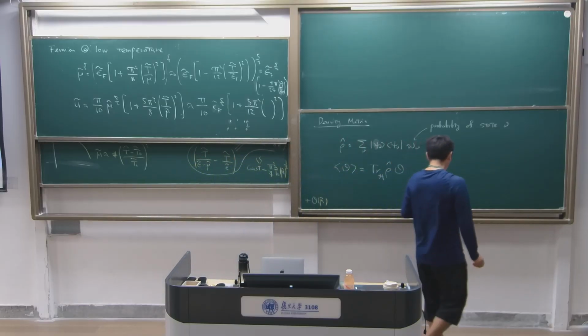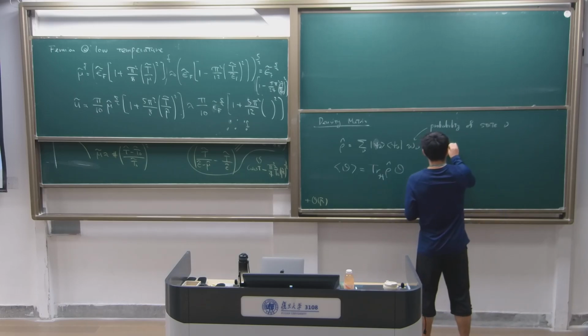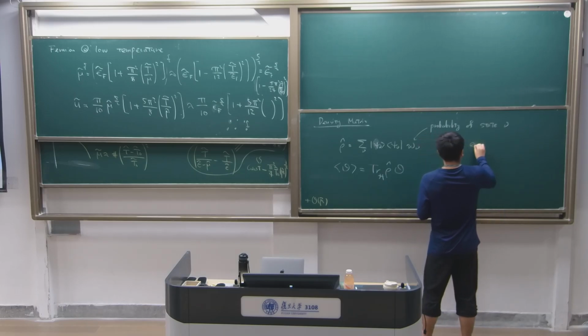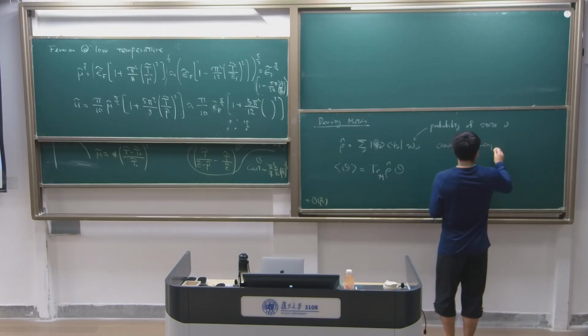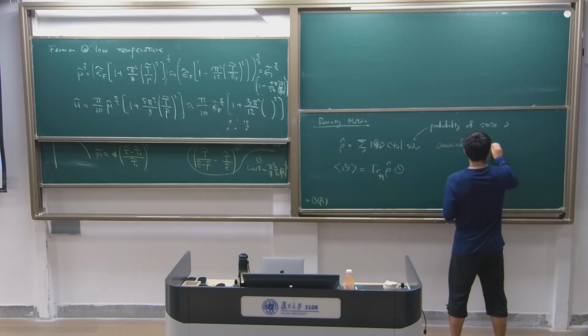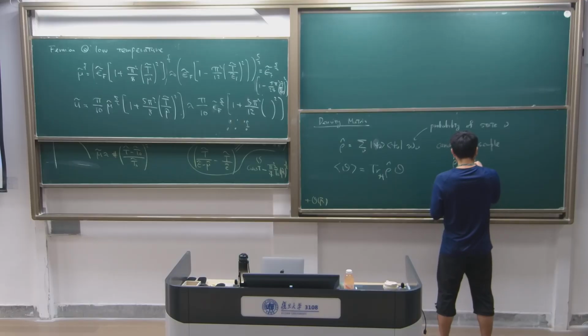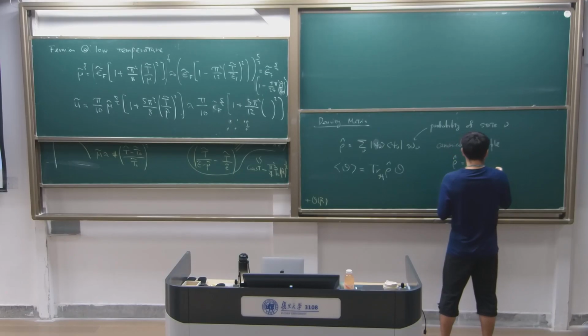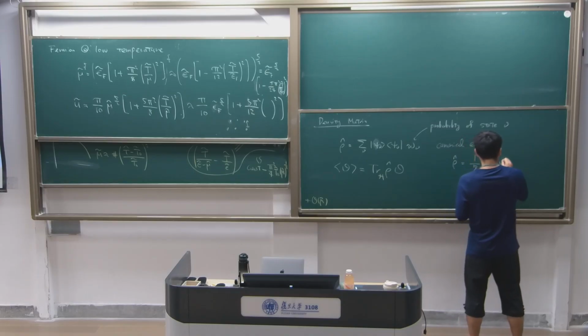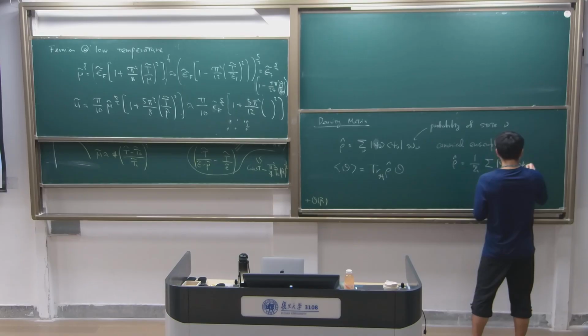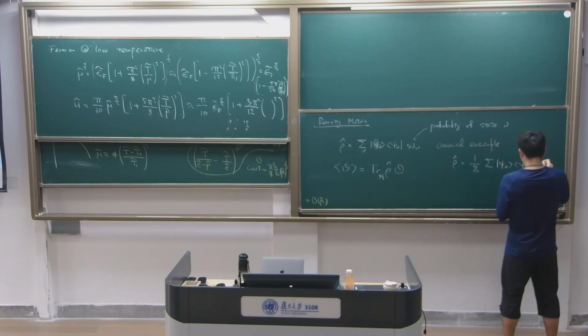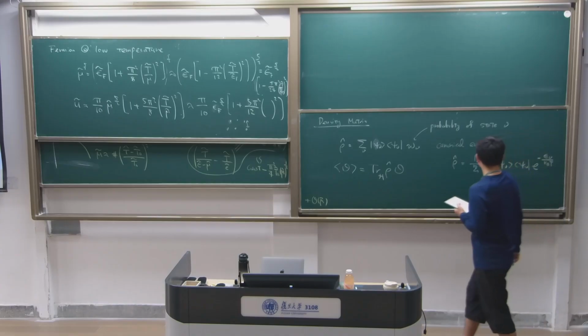In particular, in the canonical ensemble, rho is one over Z, a sum over states psi nu of e to the minus beta epsilon nu.